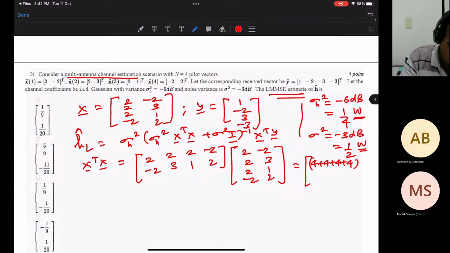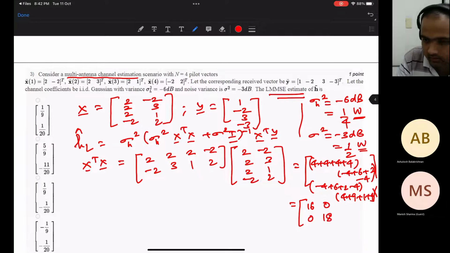The second will be minus 4, 6, 2, minus 4, again minus 4, 6, 2, minus 4, 4, 9, 1, 4. And this is basically 16, 0, 0, 18. So this is my X transpose X.